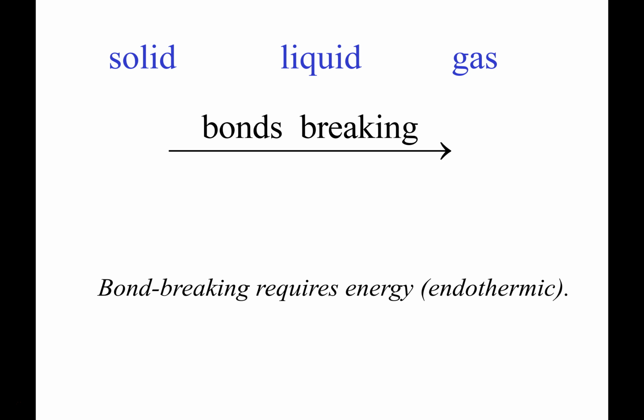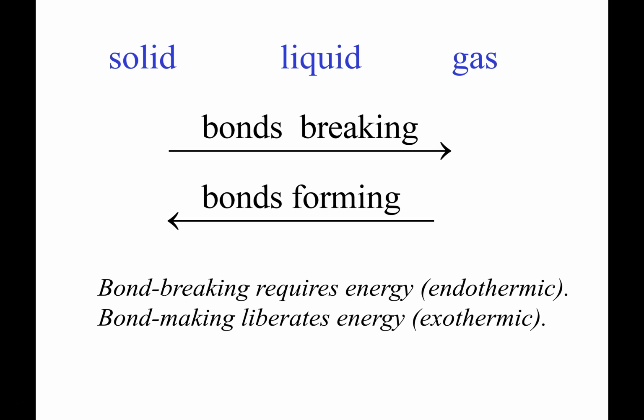From right back to left may not be as intuitive. When gas particles slow down to the point that intermolecular bonds can form, so it forms its liquid state, bonds are formed and energy is released. When molecules slow down enough that intermolecular bonds are formed, so it goes from a liquid to a solid, energy is released.